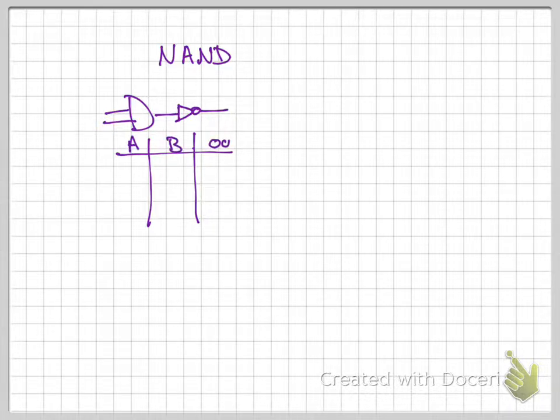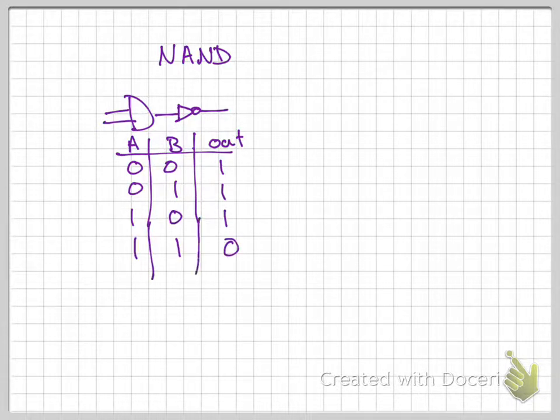A, B, out: where we had 0, 0 before we had 0, so now we have 1. We had 0, 1 before we had 0, so now we have 1. 1, 0, 1; 1, 1, 0. So what you should notice is that the NAND gate is just the opposite of the AND gate. Where the outputs were 0 before, they're 1s now, and where the outputs were 1 before, they're 0s now.